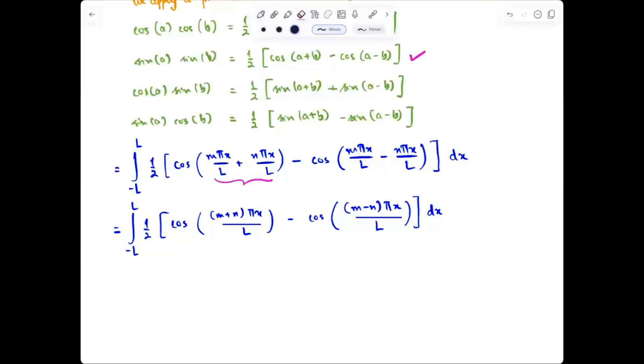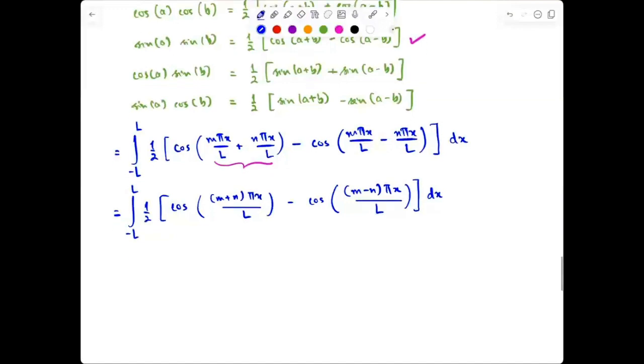Without loss of generality of the problem, we assume that m is greater than n, so that when you take the difference, it gives you a positive integer.